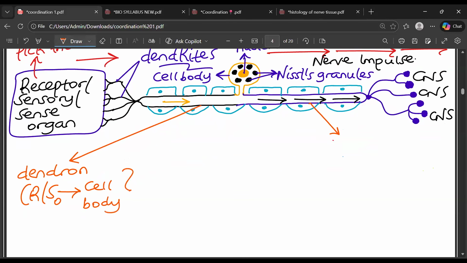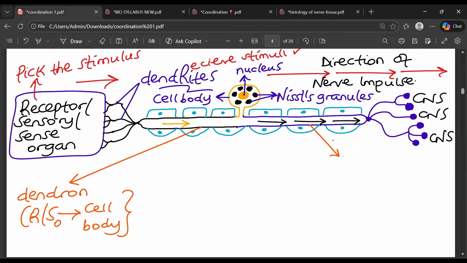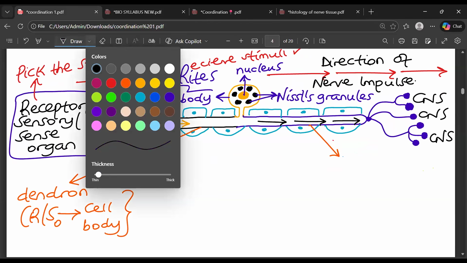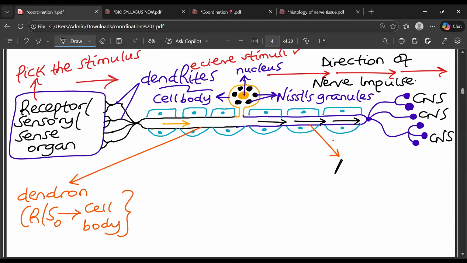I want you to listen carefully. When the impulse reaches the cell body, it now proceeds to the CNS. The one that sends impulses from the cell body to the CNS is the axon.